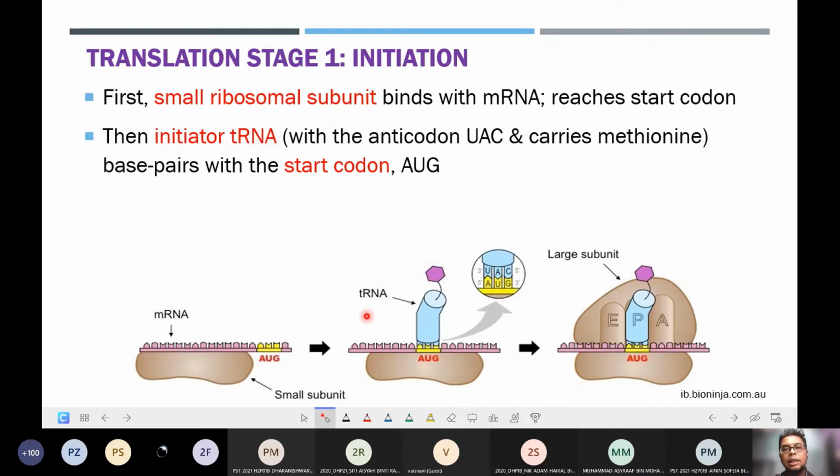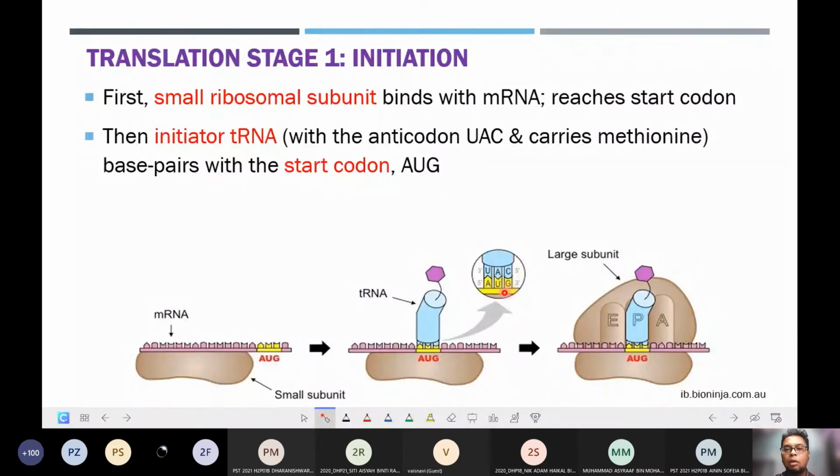So this initiator tRNA will be a special tRNA that will be having the anticodon of UAC. Okay, the anticodon of this tRNA will be UAC, which is complementary to the start codon.